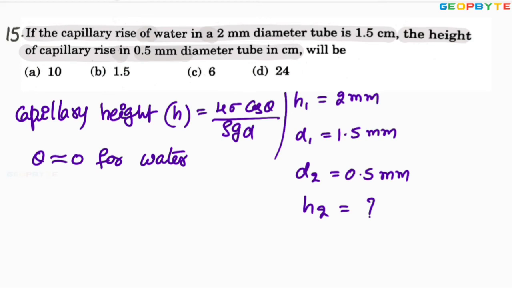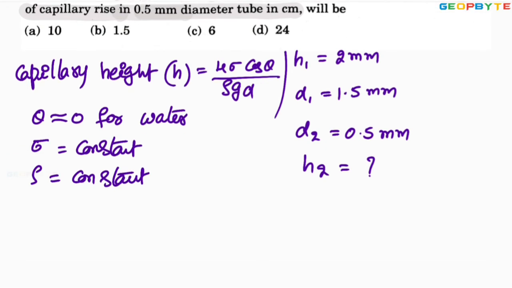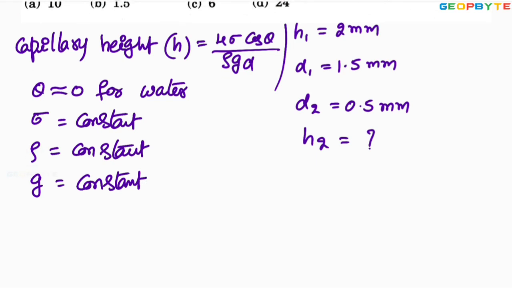Then sigma for a particular liquid remains constant. Rho also remains constant, because surface tension and density are liquid properties. G is also constant. Then H equals some constant by D.